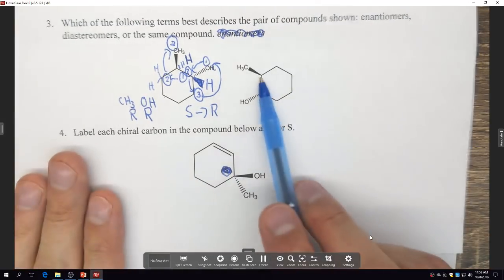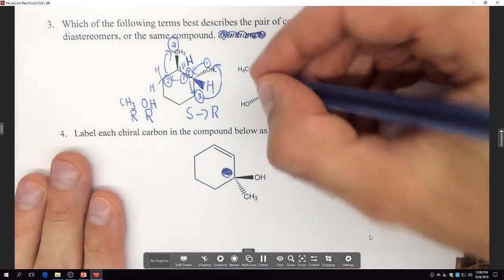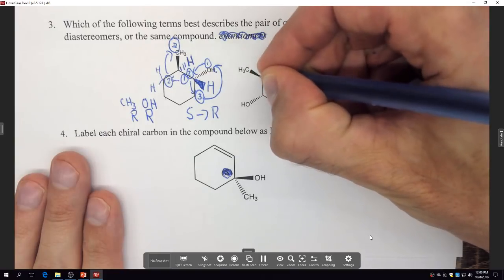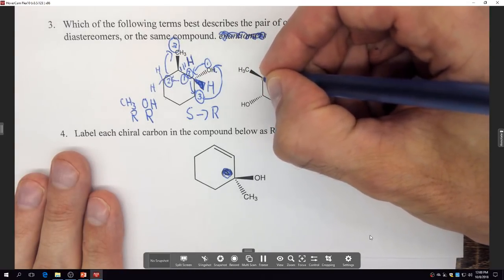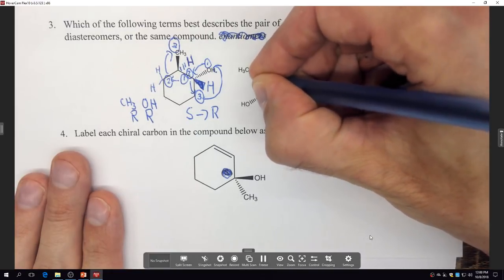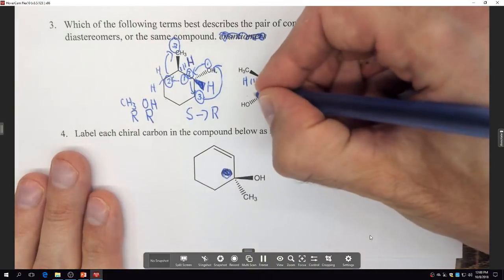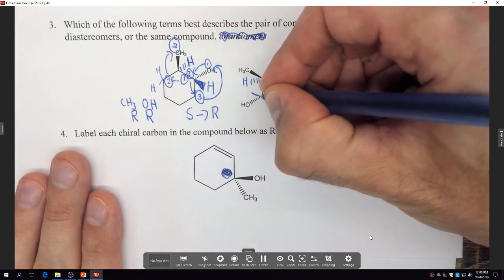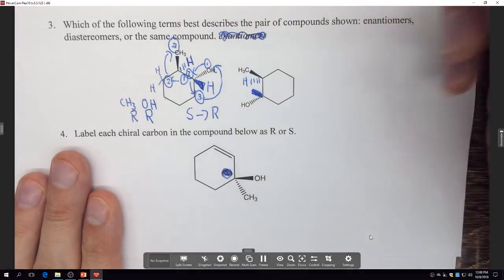Next, we're looking at this molecule right here, and we want to label the groups. In this case, I have a hydrogen. Is it sticking out at me, or is it away from me? This is away. And in this case, I have a hydrogen that's meant to be a wedge sticking out at me.